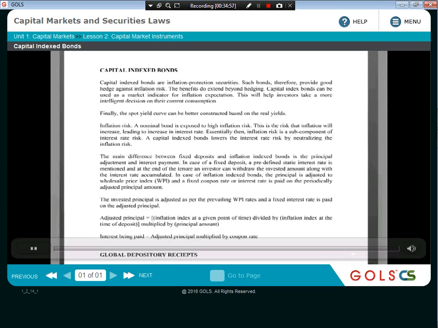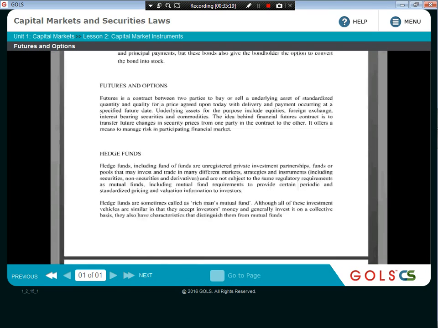So at the time when you took the debentures, let's say it was 6. So 8 by 6 into the principal amount. That will be the adjusted principal. And that is adjusted every year or at every fixed interval. So your principal is always in tune with the inflation. At no point of time are you losing money by holding that bond.